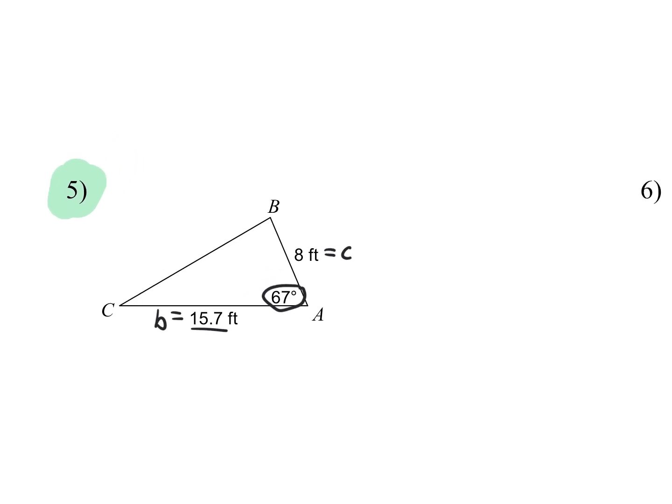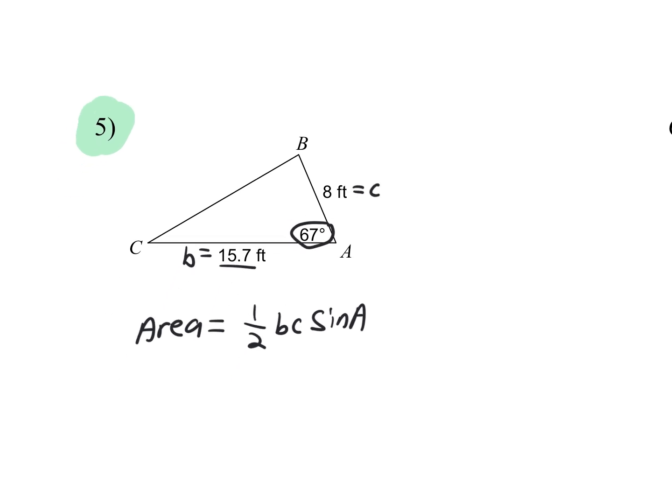All right, so that means our area is going to be 1/2 BC times sine of A, right? This was one of our formulas that were given. All right, so then we just have to plug everything in.